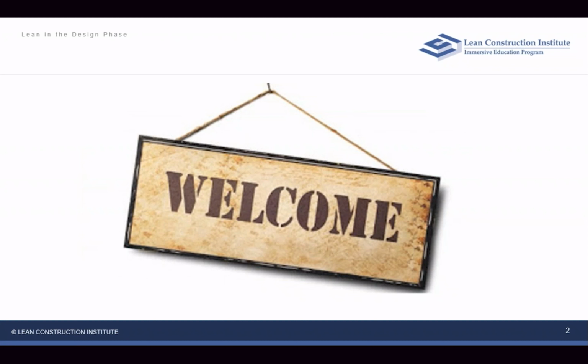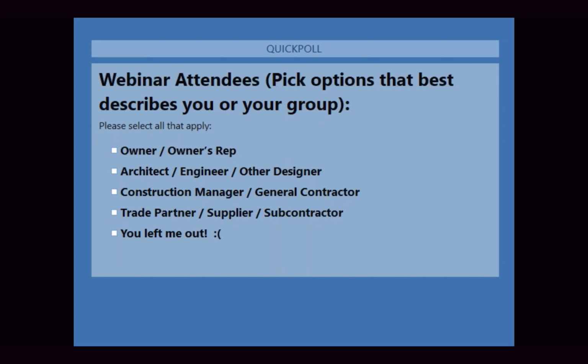So let's start with a poll. If you could take a chance to check a box that represents the best option of what describes you or your group. If you're an owner's rep, anybody who's representing an owner group, check that box. If you're an architect, engineer, or other designer, check that box. If you're a construction manager or general contractor, check that box.